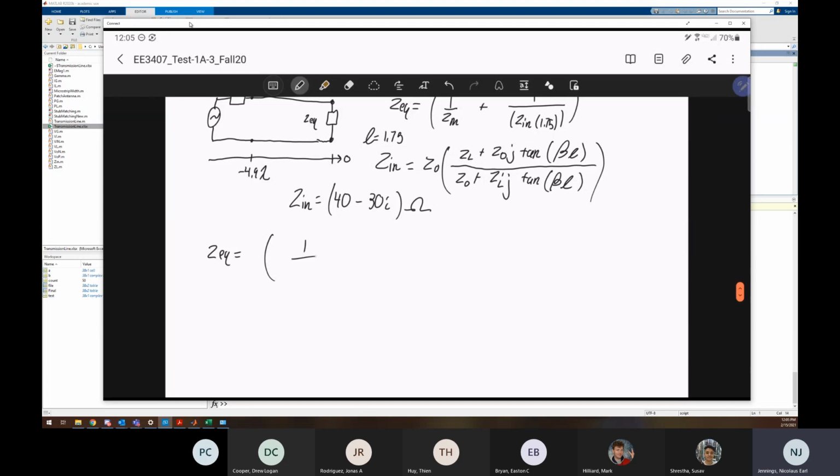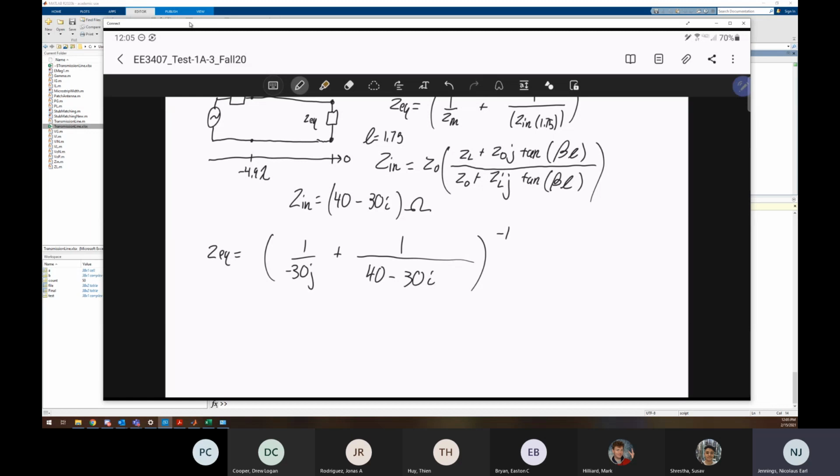So we'll write 1 over 30 minus 30j plus 1 over 40 minus 30j. And then when doing this, don't forget the inverse right here when you're plugging it into your calculator.